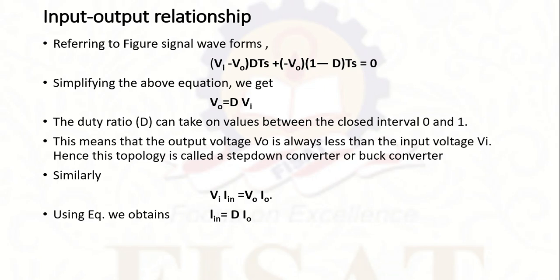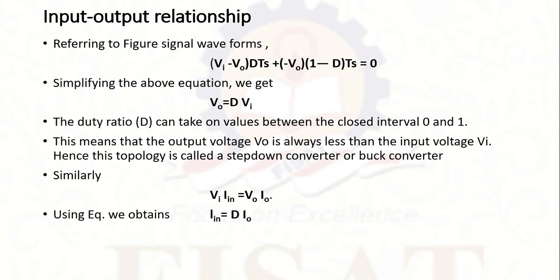Simplifying this equation means expanding these equations and simplifying. So (Vi minus Vo) into dTs is expanded, then Vo into (1 minus d)Ts is multiplied. So finally we get Vo is equal to d into Vi.